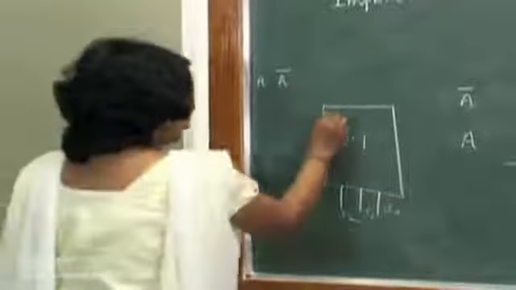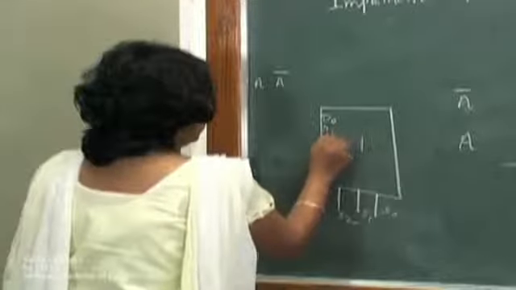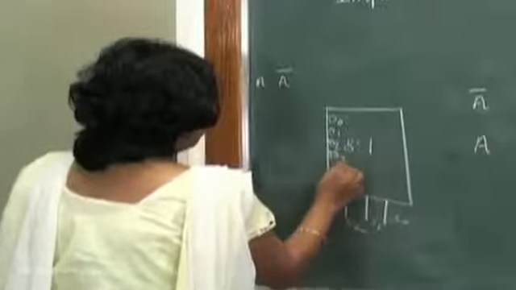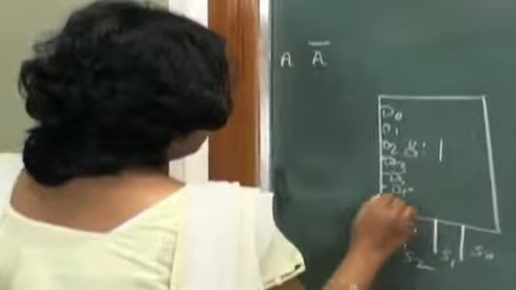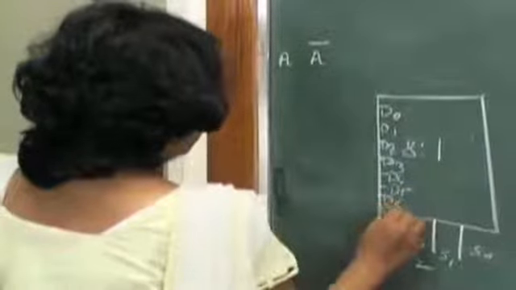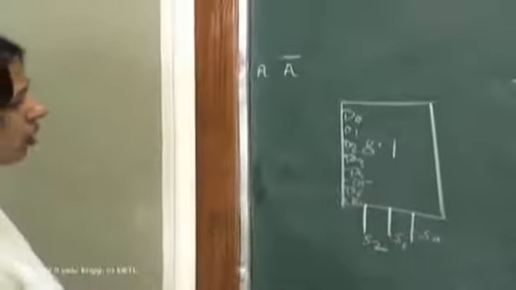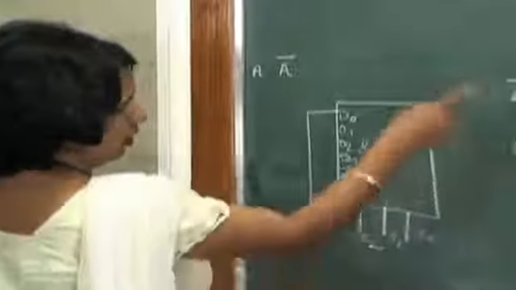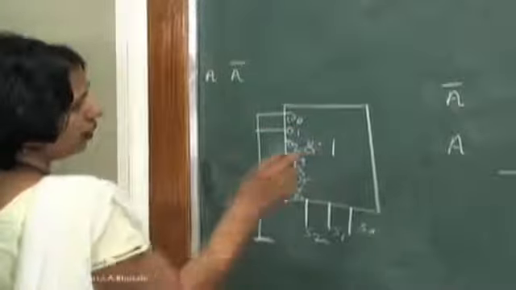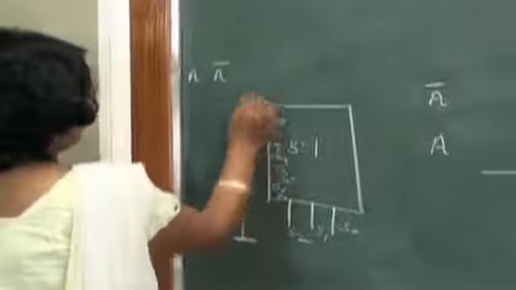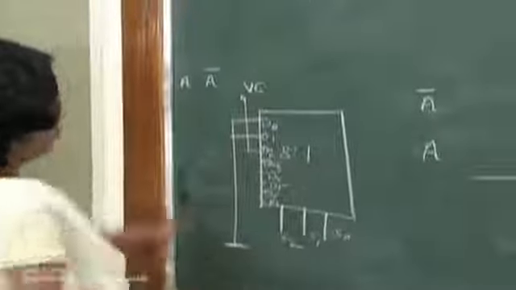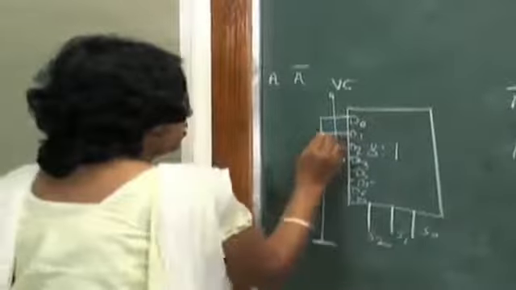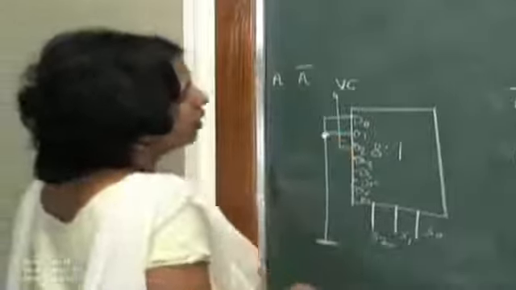Now D0, D1, D2, D3, 4, 5, 6 and 7, these many are the data input lines. If you see here, the D0 line should be connected to ground. The D1 line is also connected to ground. If you see, D2 is connected to VCC. Remember, this is not shorted, this has a jumper. Okay, so this is nothing but the shorted line.